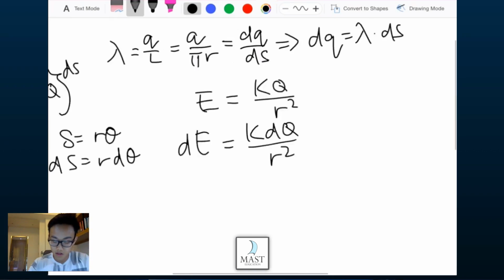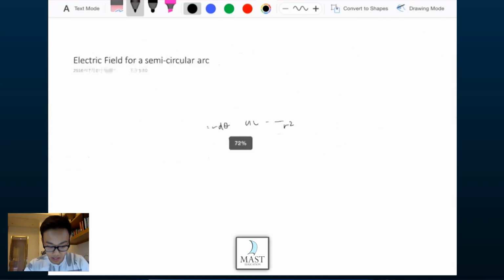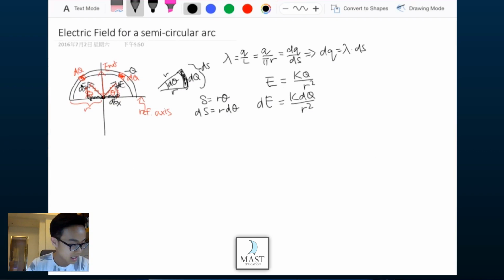And right here, as we said before, since the x components cancel, we will multiply this thing by sine theta. Why? Because the x components cancel.